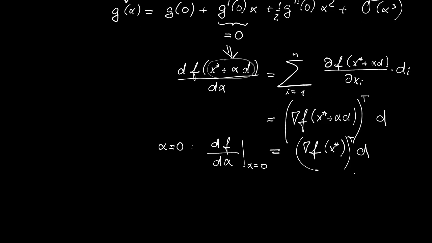So let me now write down the first order condition of optimality. Since d can be completely arbitrary, the only way for this product to be 0 is that the gradient of f at the given point is equal to 0.